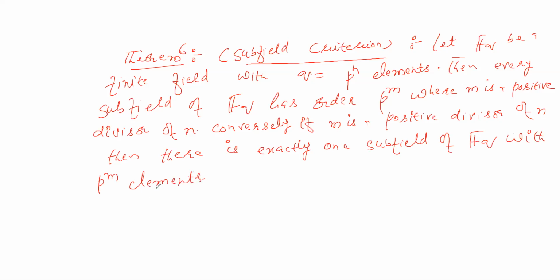Okay, so let us see one by one. So see the proof. First we will prove that if we have a finite field Fq with p raised to power n elements, then every subfield of Fq has order p raised to power m, where m is a positive divisor of n.